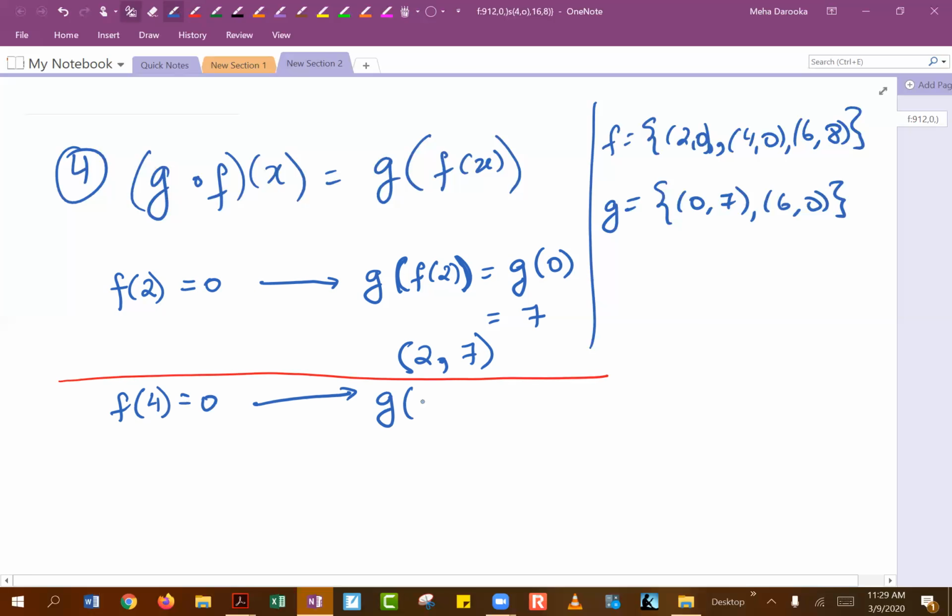Because you're going with f of 4, f of 4 also gives us 0, which means you're back at g of 0. And then g of 0 will take you to the same ordered pair, 0, 7, so you're going to end up at 7 again. So now your ordered pair is 4, 7.